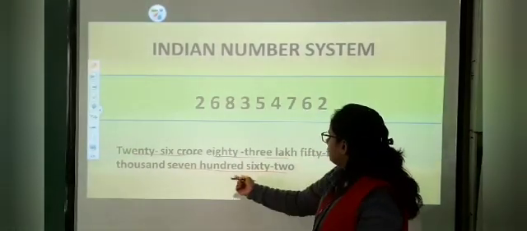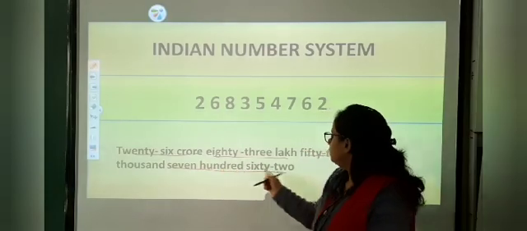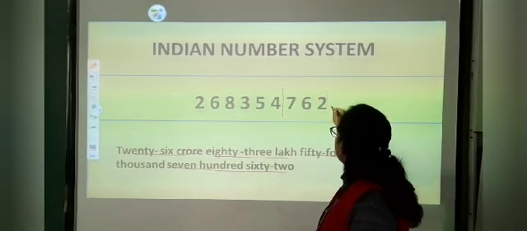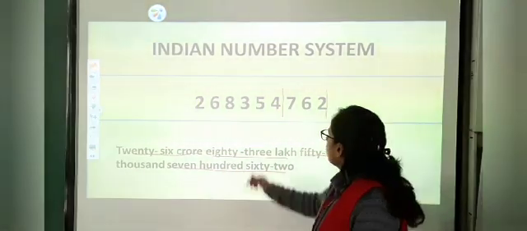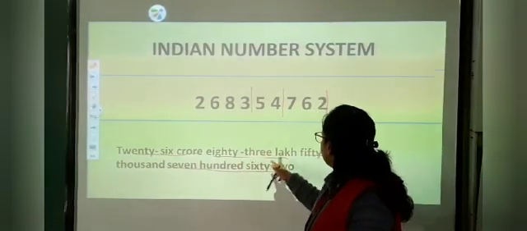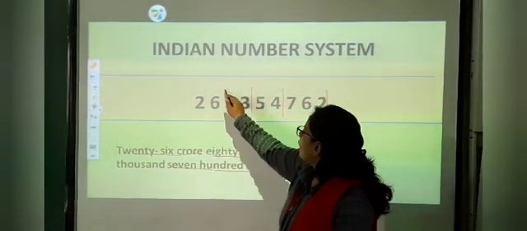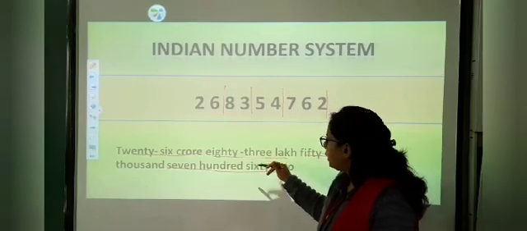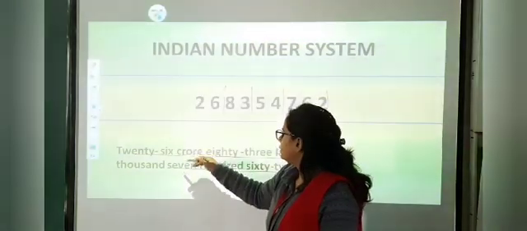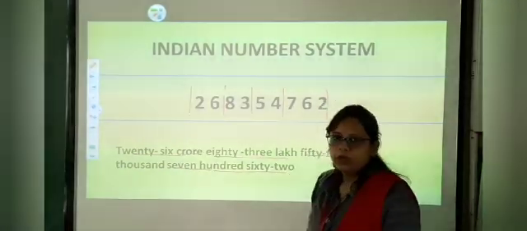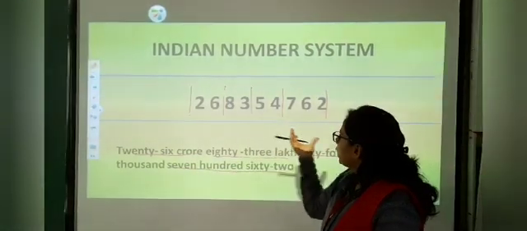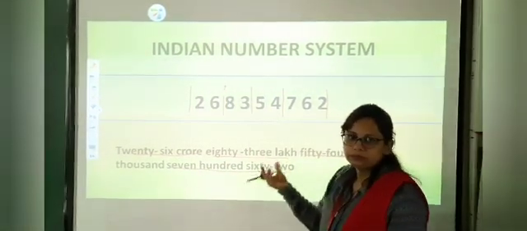That is, from the right, 762, then 54,000, then 83 lakh and then 26 crore. So this is how we group the number.